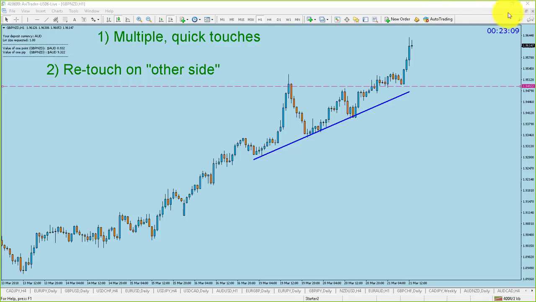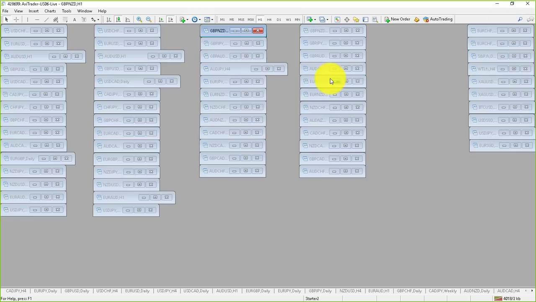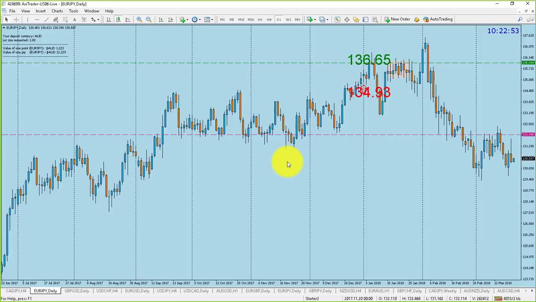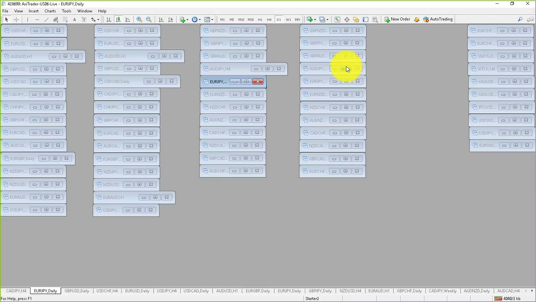Now let me share with you another very typical breakout pattern. Let's see here. Let me just, I don't know if we can find one here.